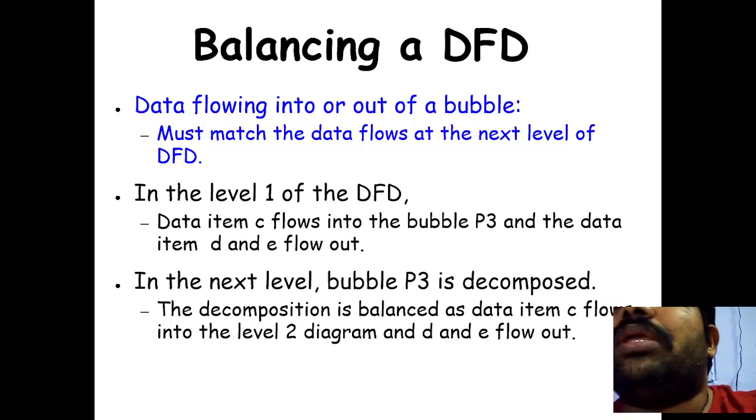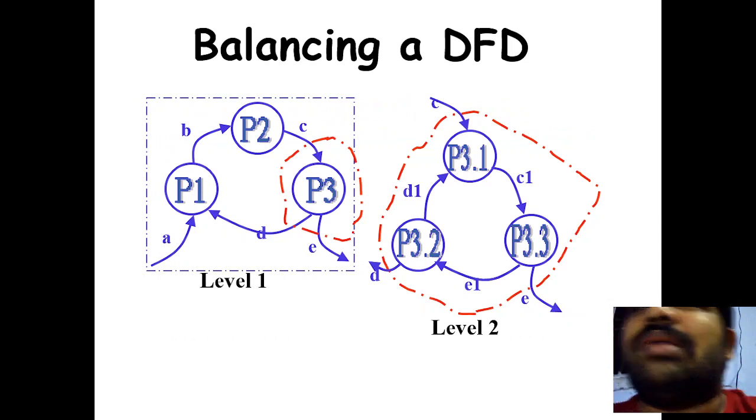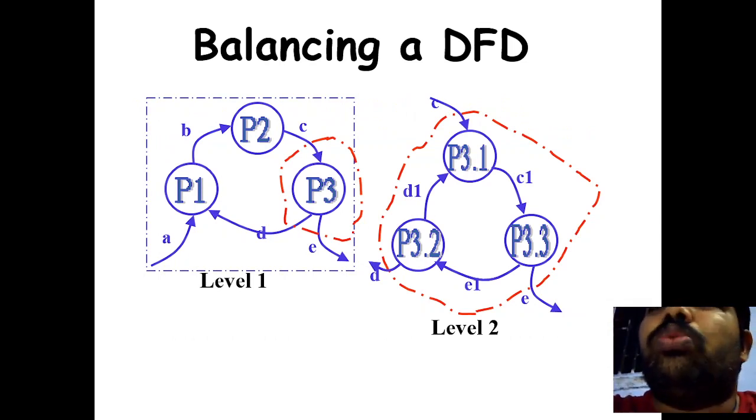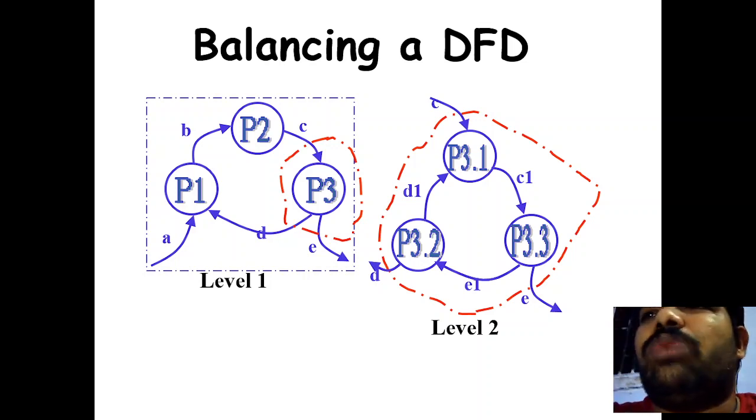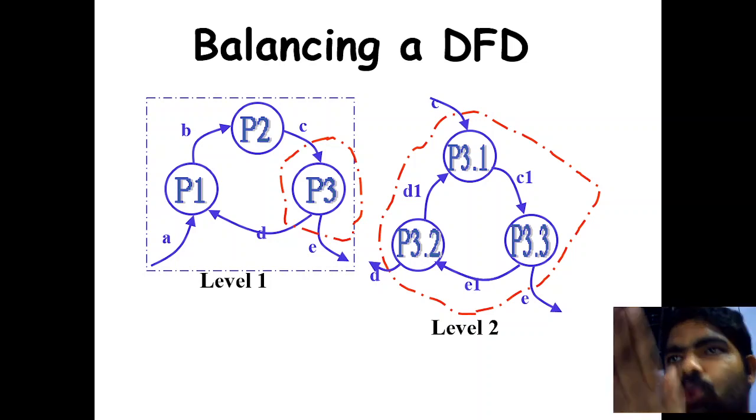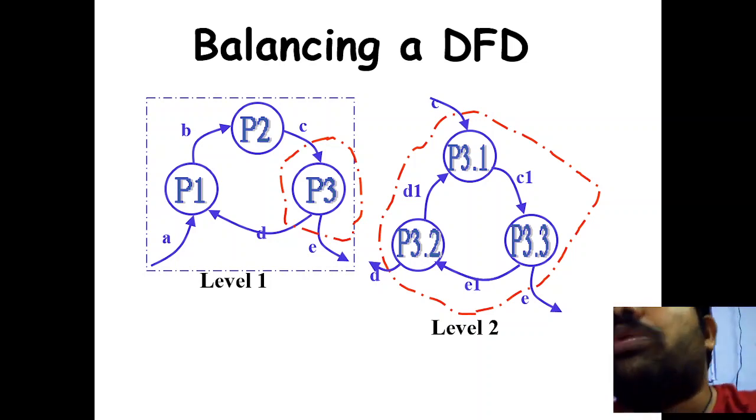If there is no proper representation, for example P1 to P2, P2 to P3, P3 to P1, it is unclear what P3 is communicating with. So taking P3 in level 1, we move to level 2.